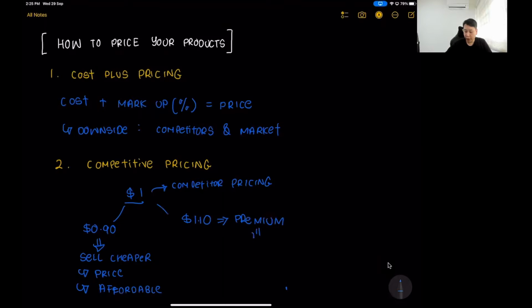You need to justify why you are expensive. So this kind of pricing strategy is basically looking at your competitors. You are competing based on how your competitors price their products.